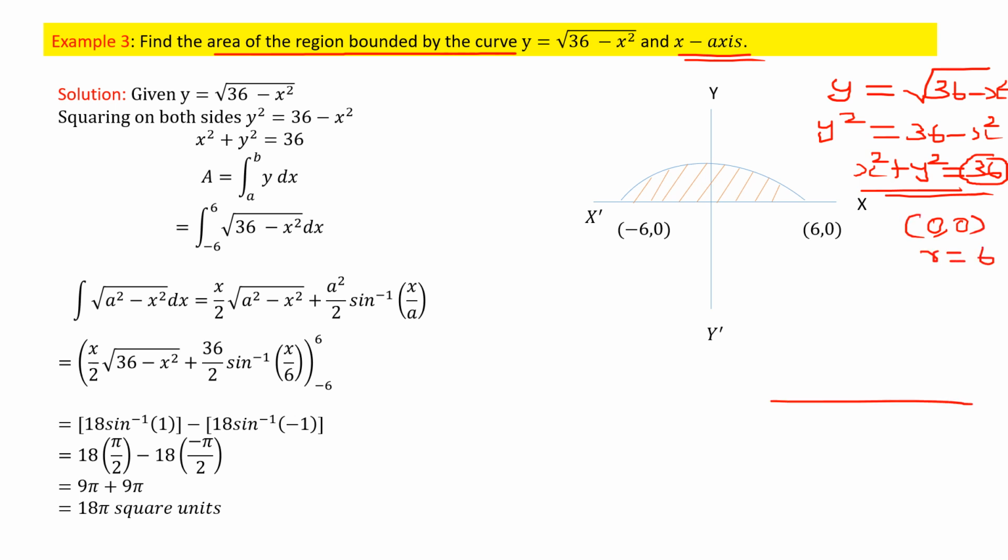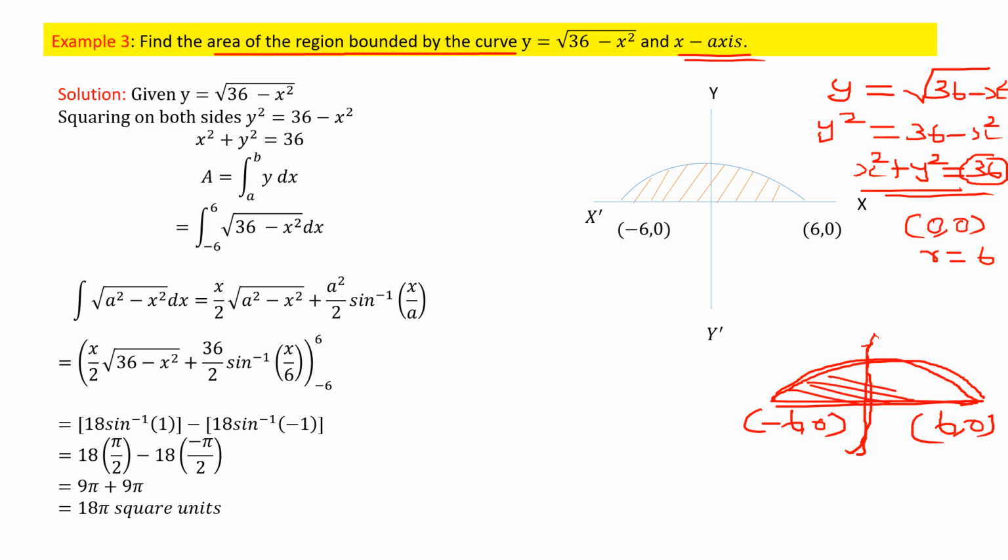So that means we will get a circle like this, covering only the x-axis. Okay, so this is x-axis, this is y-axis, and this is a semicircle. And here this point will be minus 6, 0 and this point will be 6, 0.